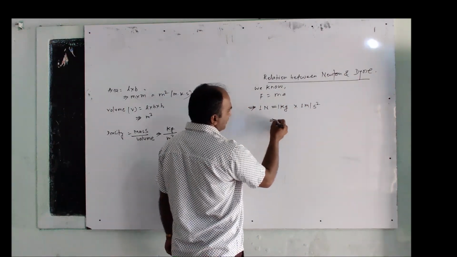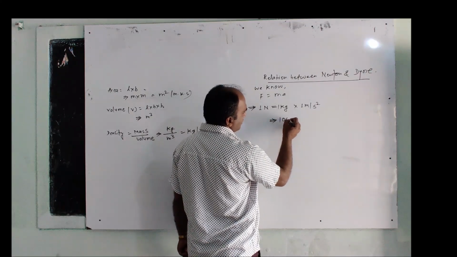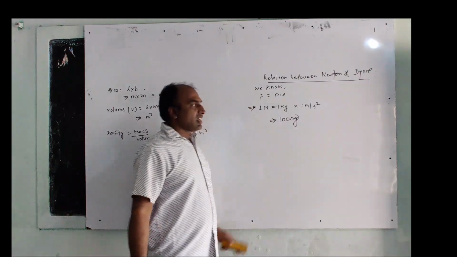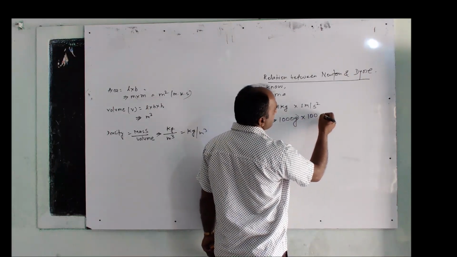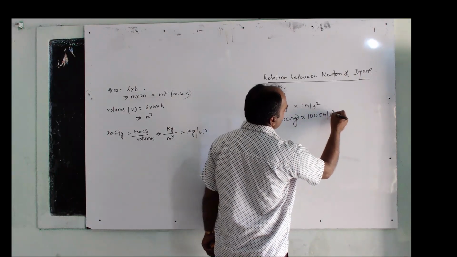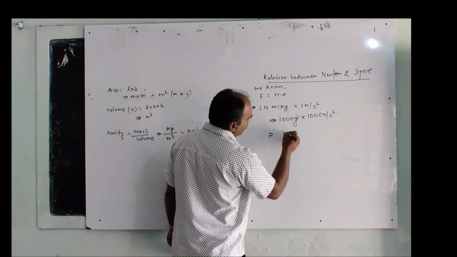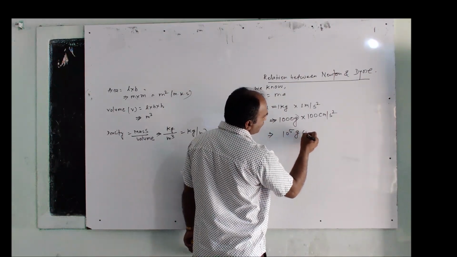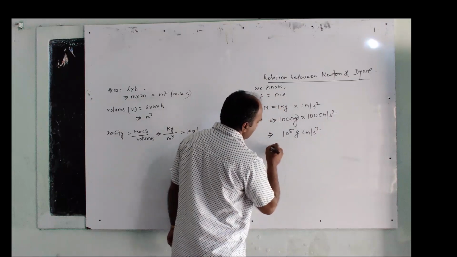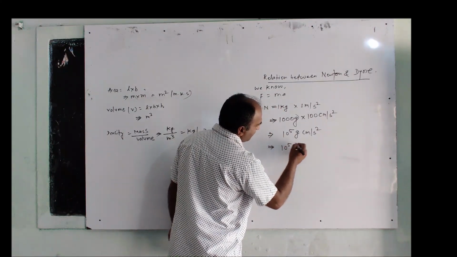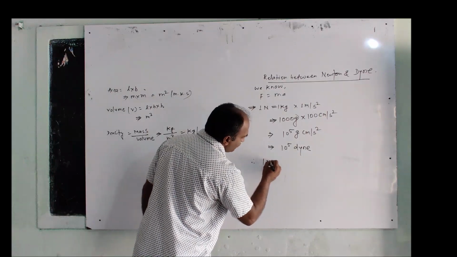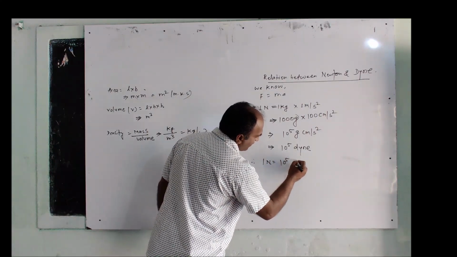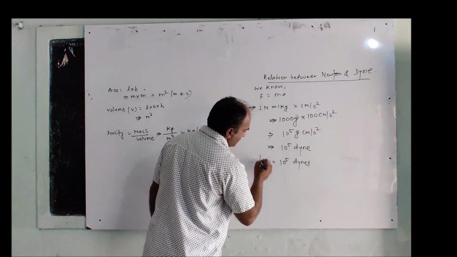Expressing that into CGS system, 1 kg equal to 1000 gram, and 1 meter equal to 100 centimeter per square second. So we can write 10 to the power 5 gram centimeter per square second, so 1 Newton equal to 10 to the power 5 dyne.